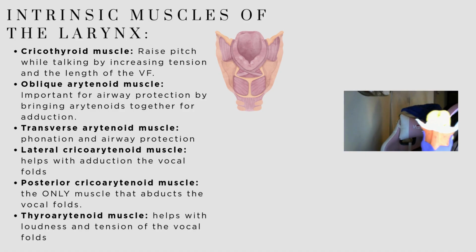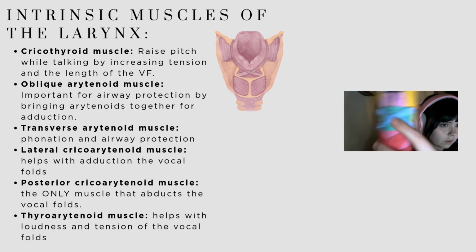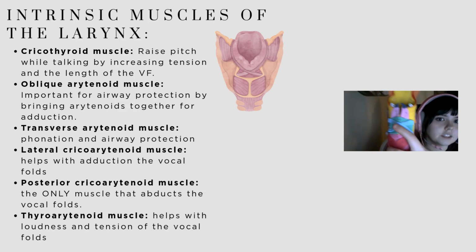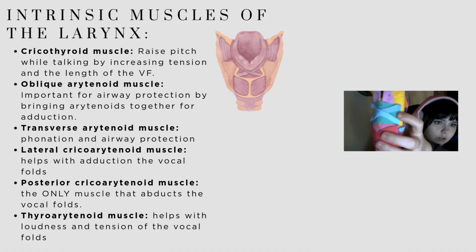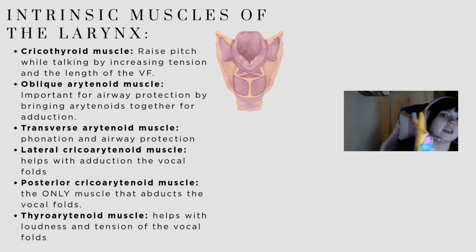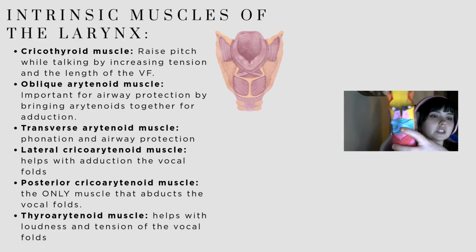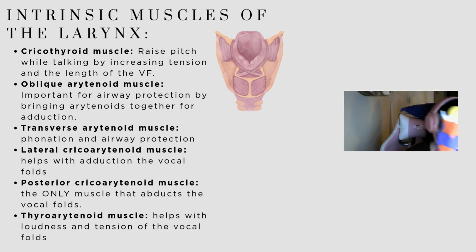And then the oblique arytenoid muscles are these right here, the blue that cross over. And these are important for airway protection by bringing those arytenoids together for adduction. Then we have the transverse arytenoid muscle, which is this green square looking piece right here. And this helps assist in phonation and airway protection.